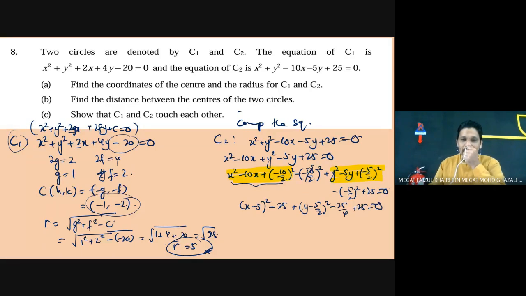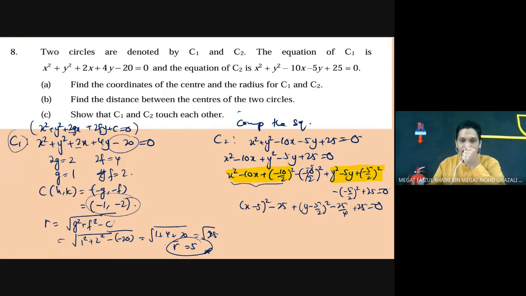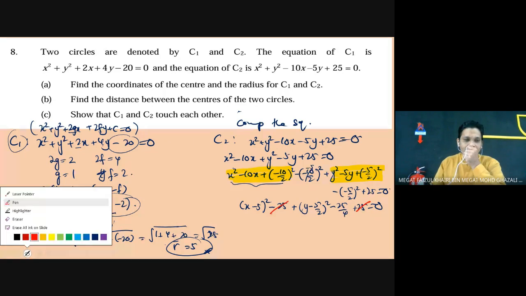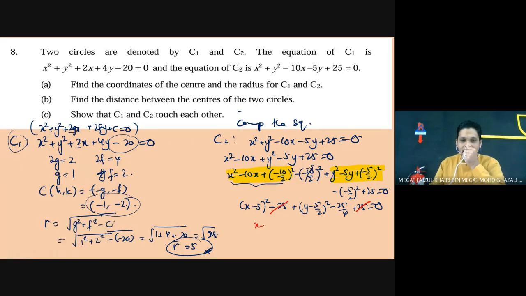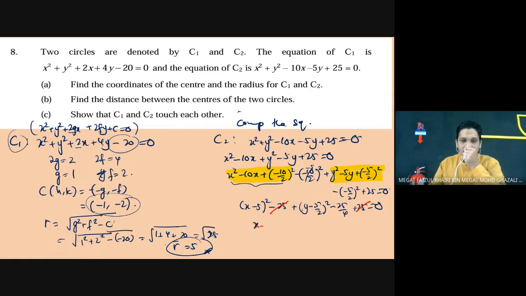Okay, so 25 minus 25 equal to 0. Then we get x minus, sorry, okay, (x minus 5) squared plus (y minus 5 over 2) squared, and then equal to 25 over 4.